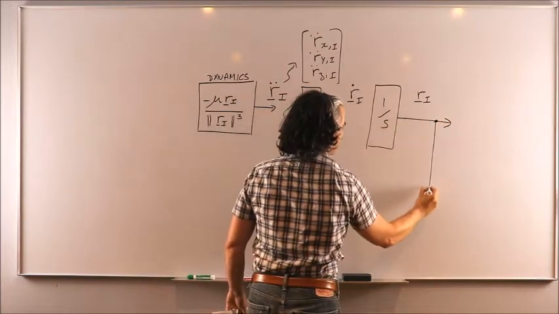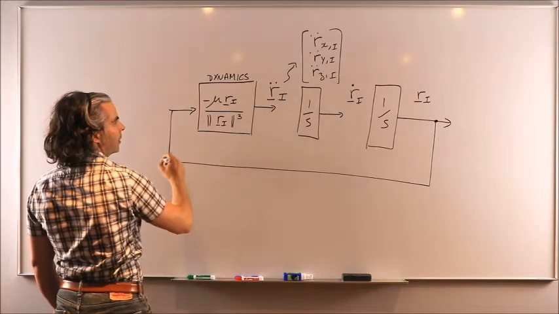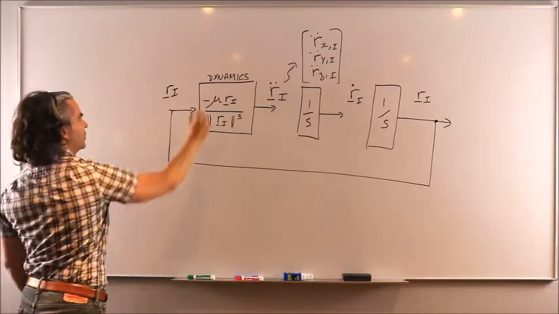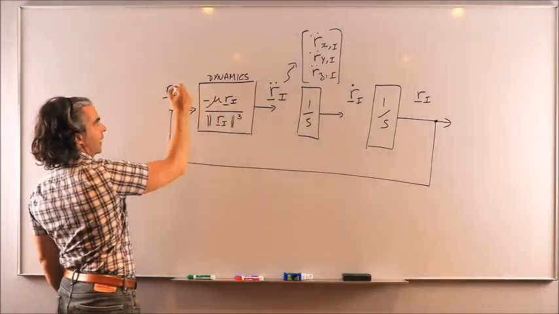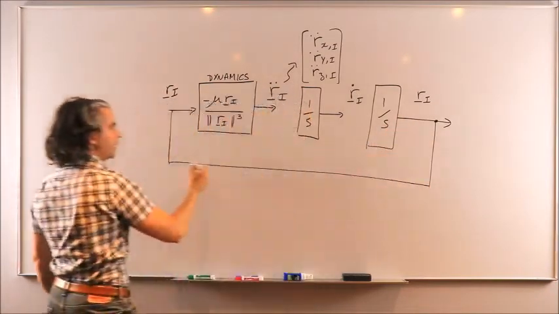Take this and feed it back into this dynamical block. So the input is only this. Mu is a constant. So inside this block, you just multiply a constant with the x, y, z components of this 3x1 array in Simulink.